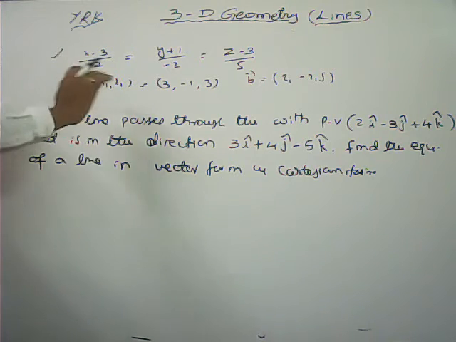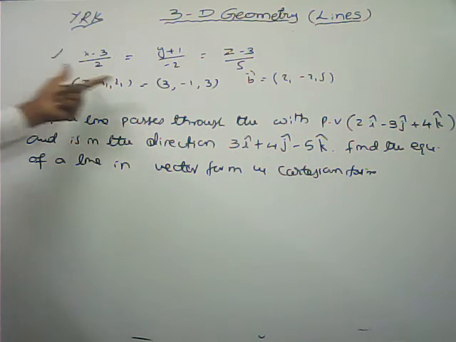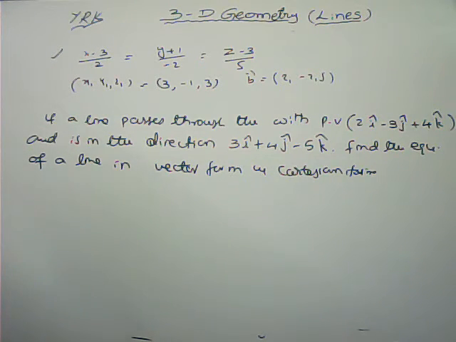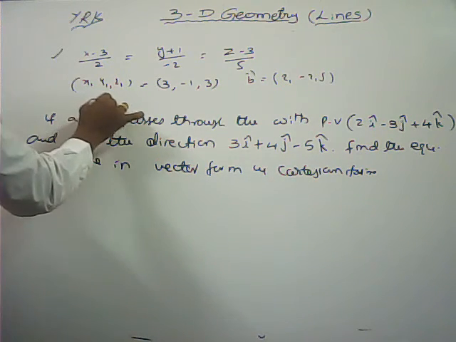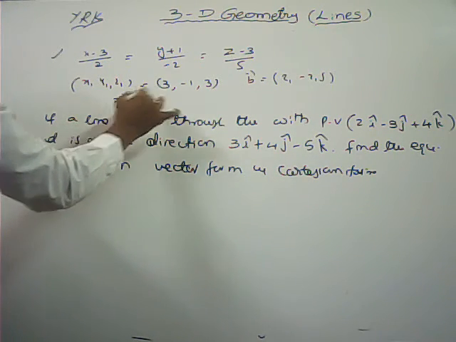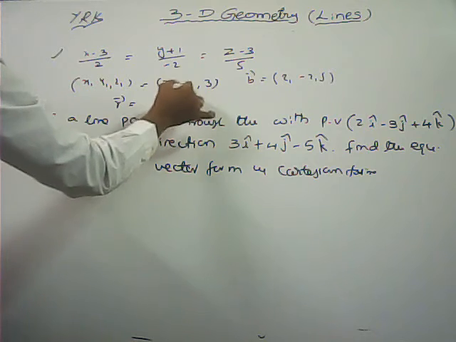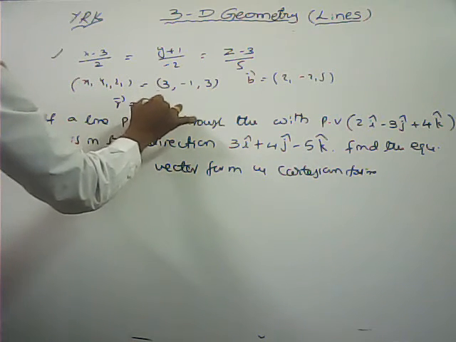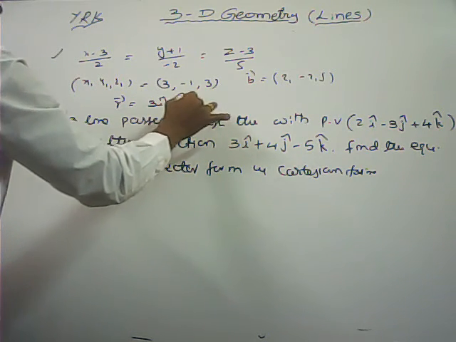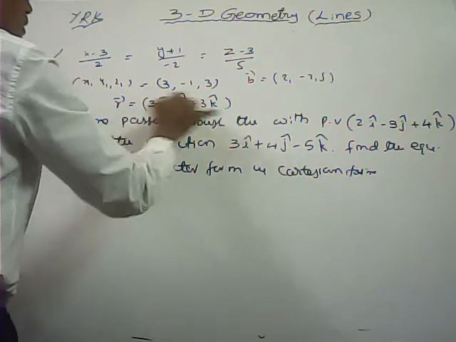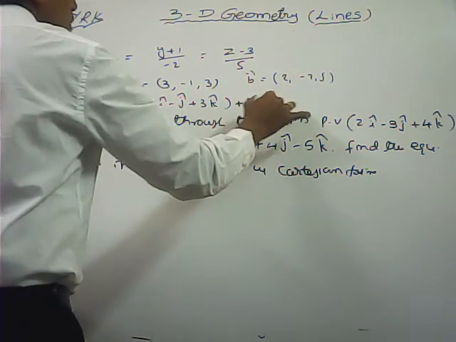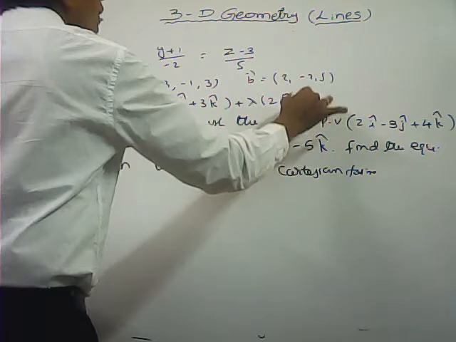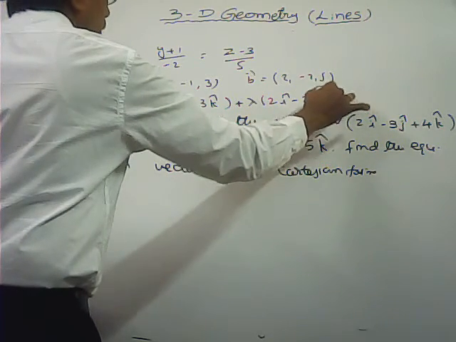If you know the point, this line passes through the point 3, minus 1, 3 and is parallel to the vector 2, minus 2, 5. So how to write that? r bar is equal to a bar, where a bar means the point it passes through, 3 i cap minus j cap plus 3 k cap, plus lambda into b bar, where b bar means 2 i cap minus 2 j cap plus 5 k cap.